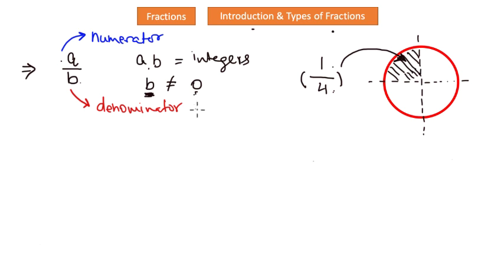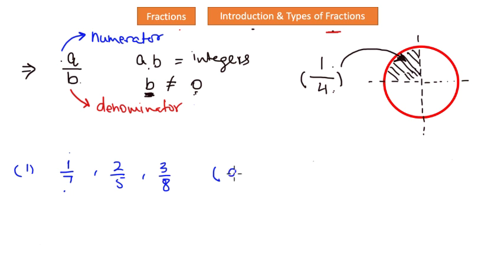Okay, now we have learned about the definition, how you obtain a fraction and the basic terminology. Let us now pay some attention to the various types of fractions, okay? If I write some numbers here, let's say 1/7, 2/5, 3/8, what you see as a trend in these numbers is that the numerator is always less than the denominator, right?